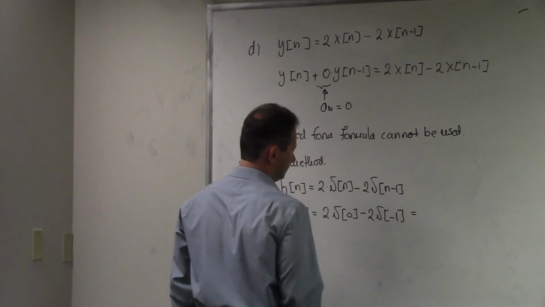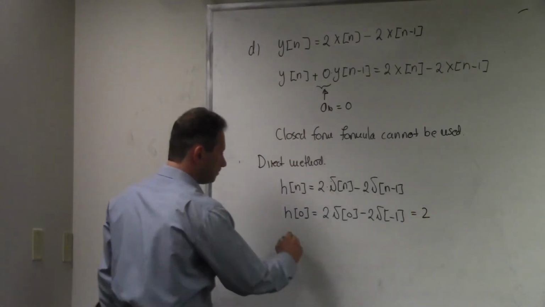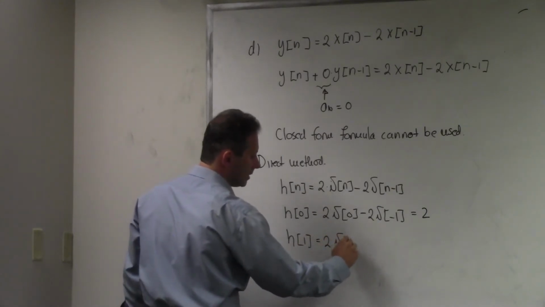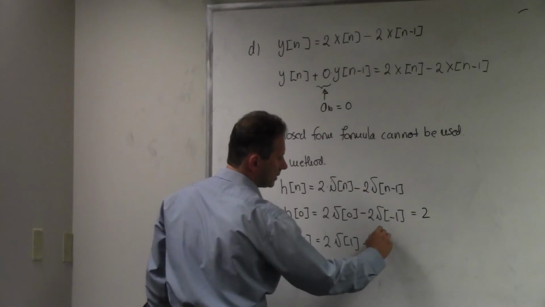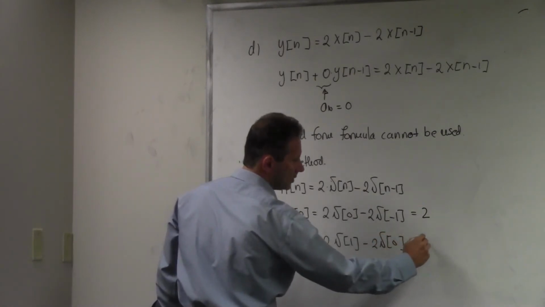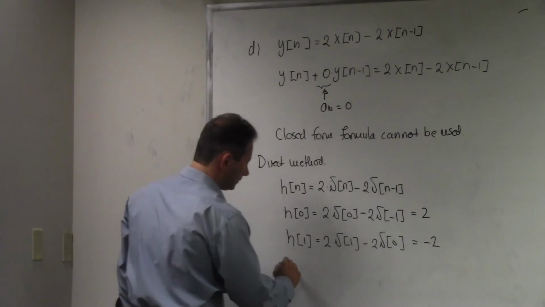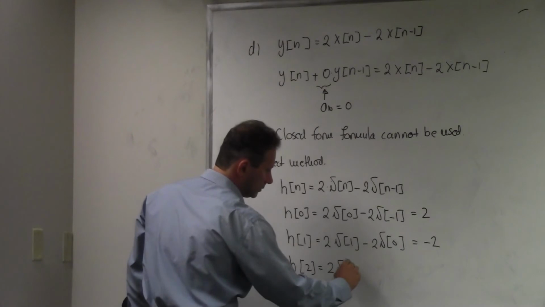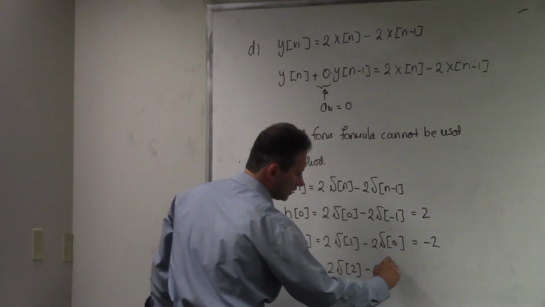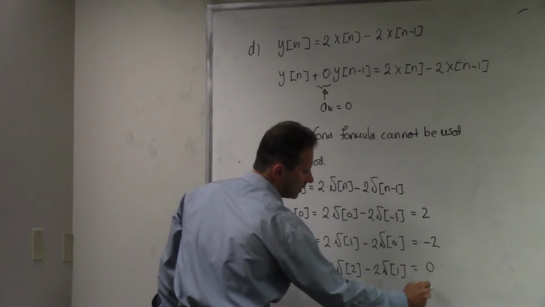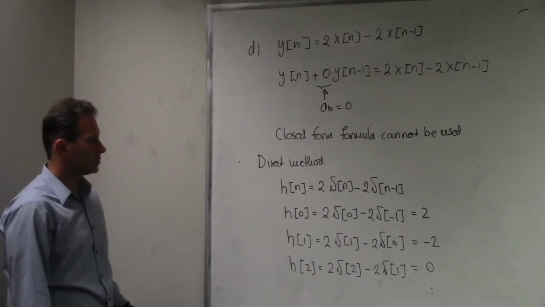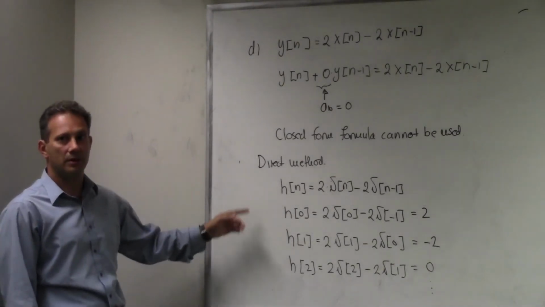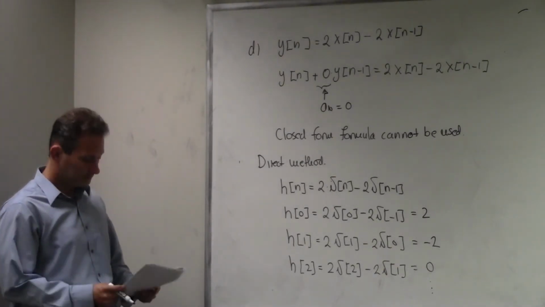What is the value? 2. h of 1 is going to be 2 times delta of 1 minus 2 times delta of 0. What's the value here? Minus 2. And h of 2 becomes 2 times delta of 2 minus 2 times delta of 1, which is equal to 0, and it's 0 after that. So it's very easy to determine this by just evaluating through the recursive equation. Right? There's no problem there.